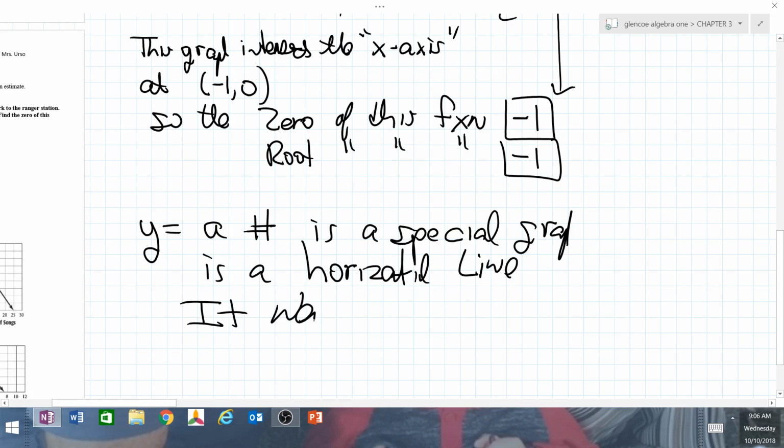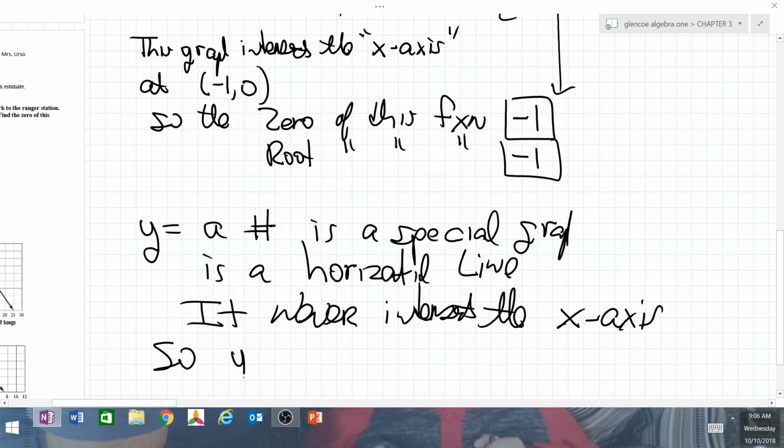It's in your notes, you can highlight it. It never intersects the x-axis. So, y equals any number has no zeros.